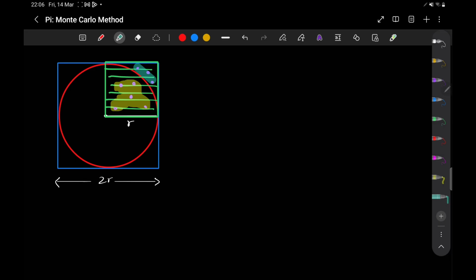Now, in order to estimate or approximate the value of pi, we will take the following limit: limit n tending to infinity, where n is the number of points which are randomly thrown.